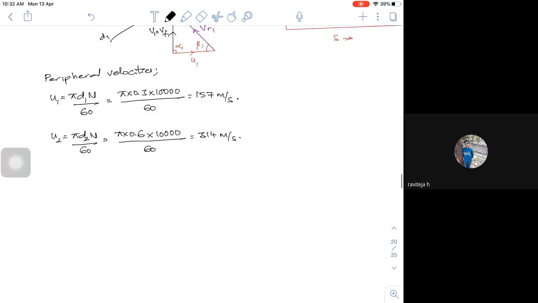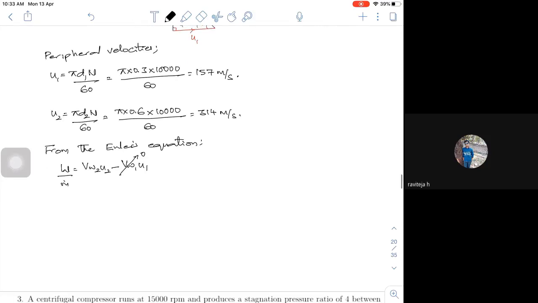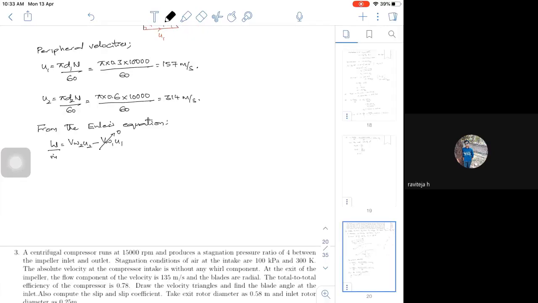Now, what is the expression for the work done? From Euler's equation, W, the specific work, that is W by M actually, is VW2 into U2 minus VW1 into U1, and VW1 is 0, which is given in the numerical.